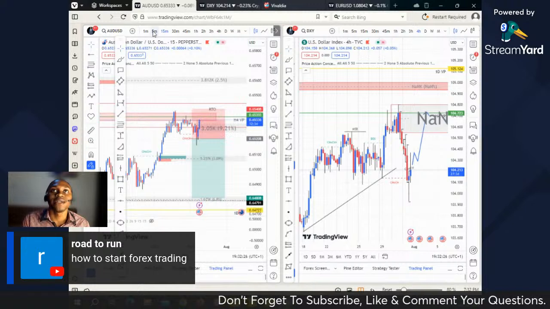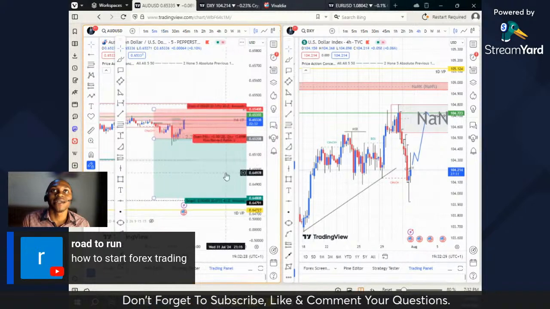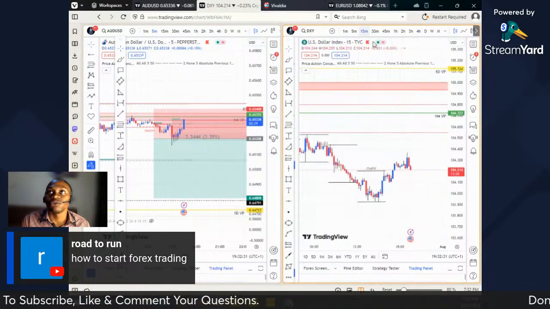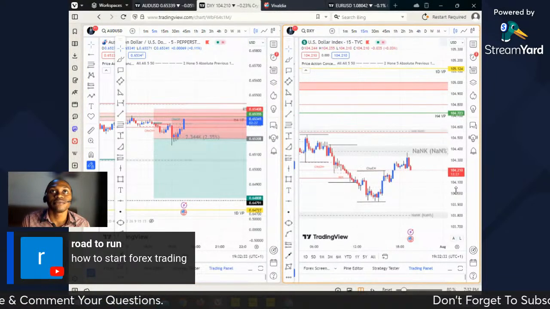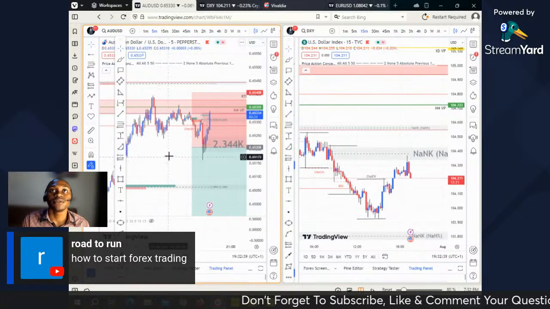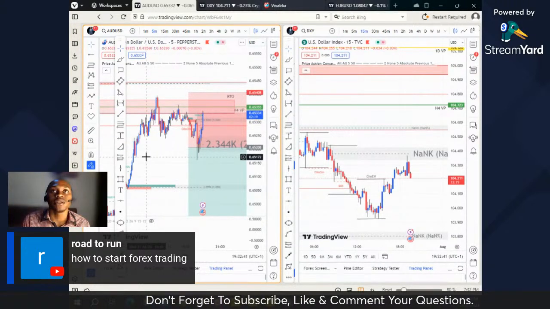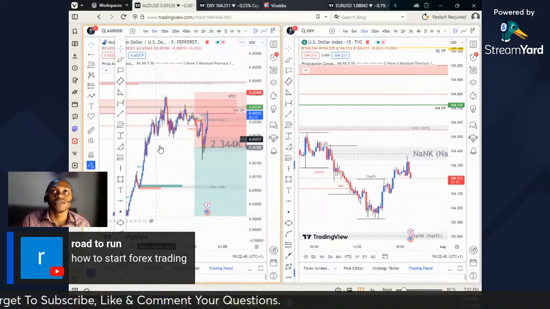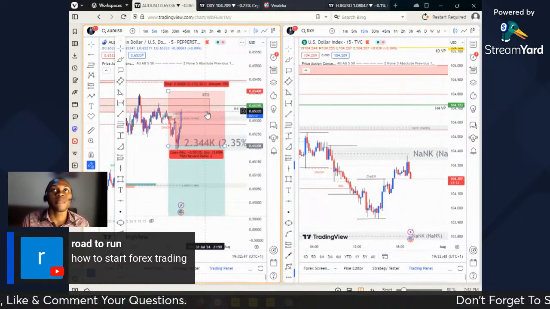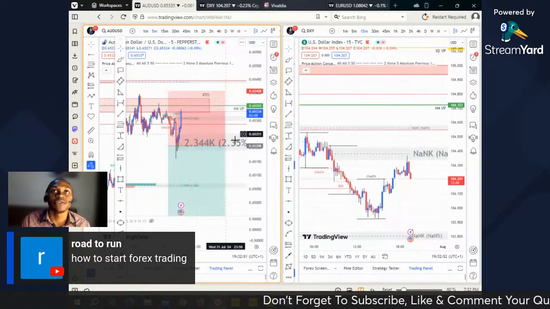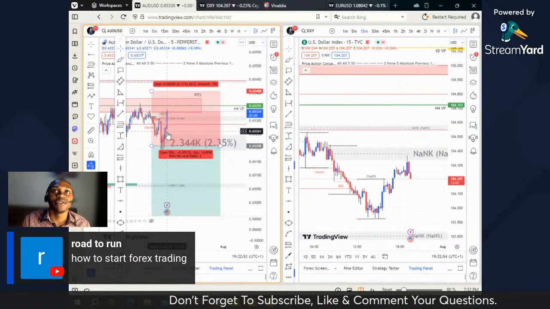Okay, so I think the market is about to change direction, and the dollar is losing some strength. AUD USD came back into this origin, and we have a 5 minute change of character.